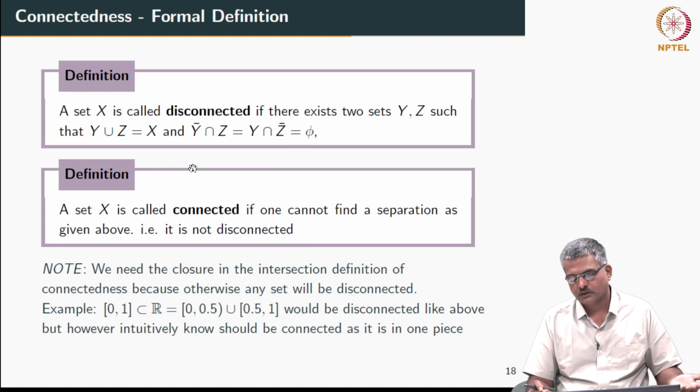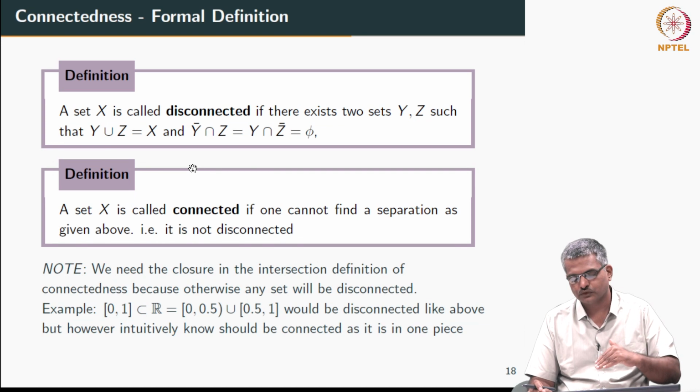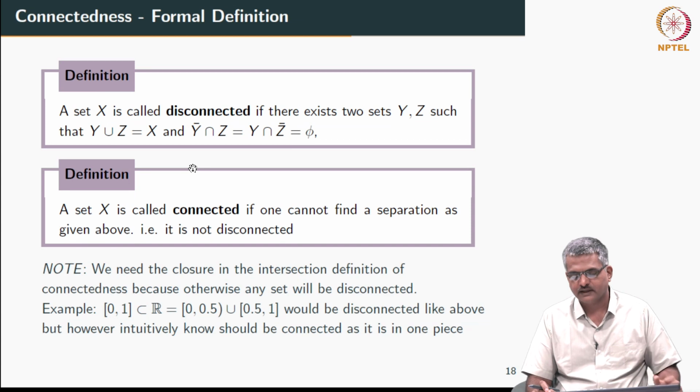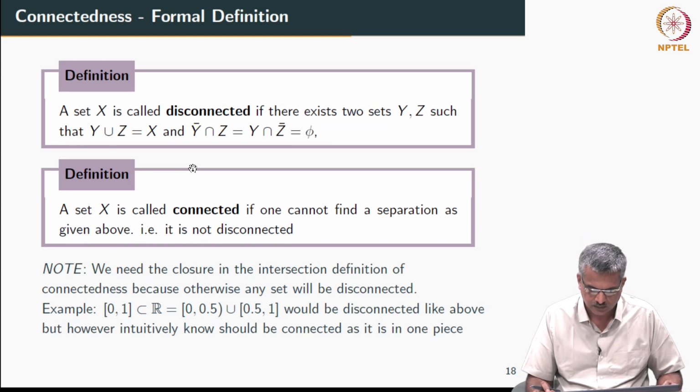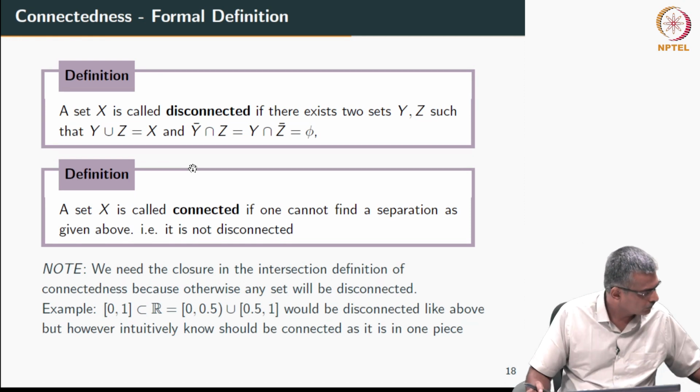So, that means the set Y does not have the limit points of Z, and so also is the case with the set Z. So, once you have the notion of disconnected set, we say the set X is connected if you cannot find a separation. Right. So, let us make this a little more formal.